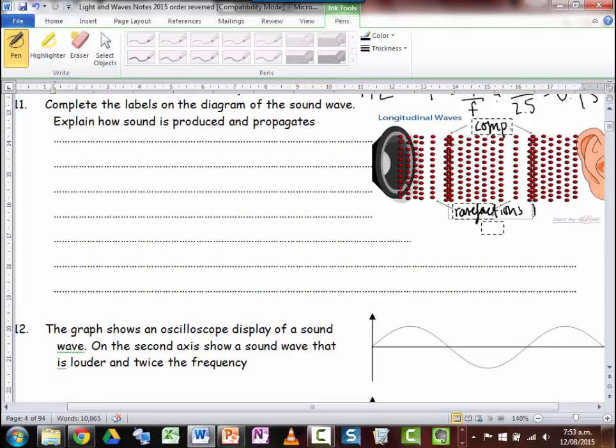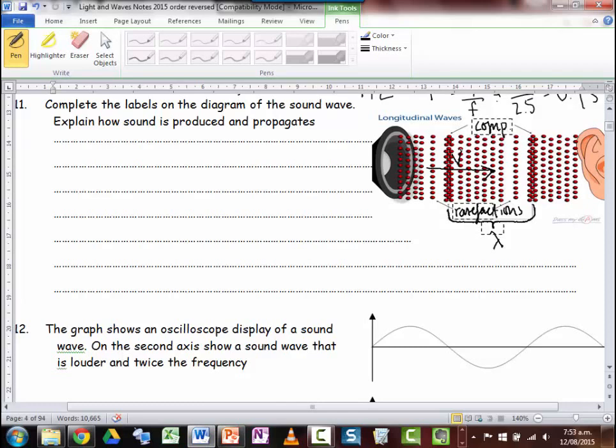This distance here is lambda, the wavelength. Any other labels here? Okay, so what happens is the wave travels this way, and the compressions and rarefactions alternately enter the ear here, which means that the eardrum gets pulled back and forth, which means that we register the sound wave in our ear and eventually in our brain.